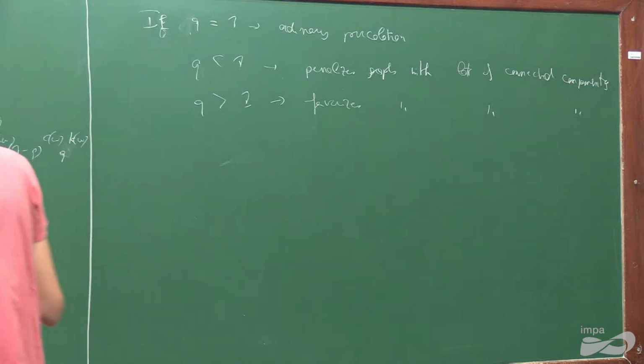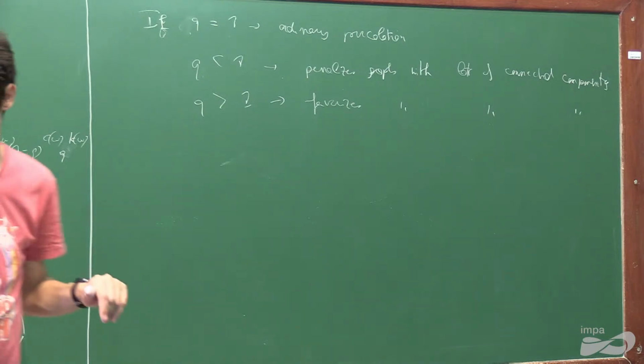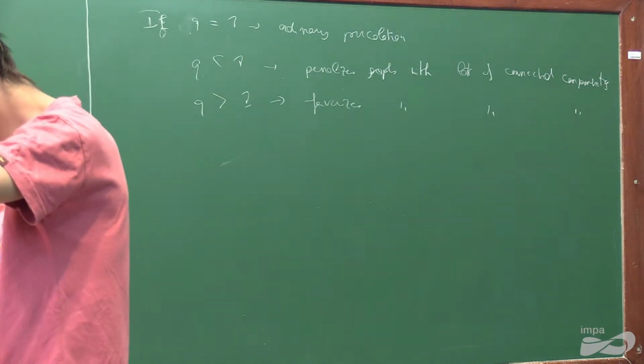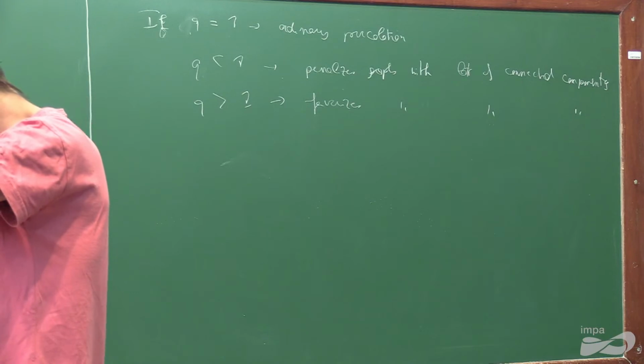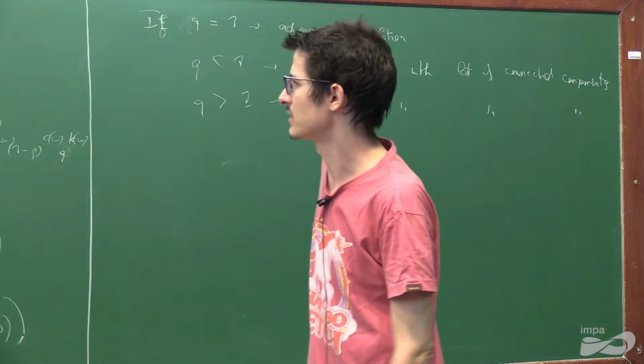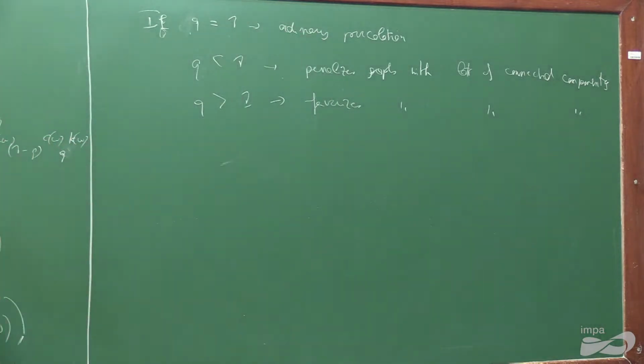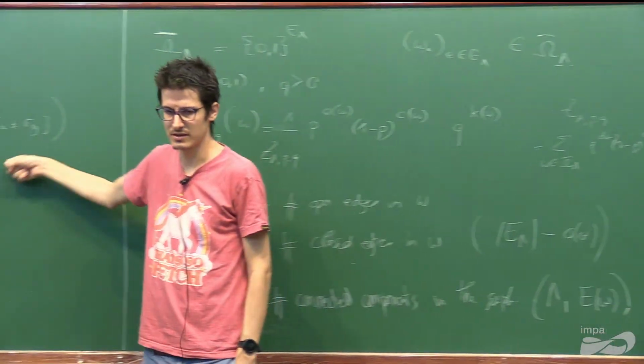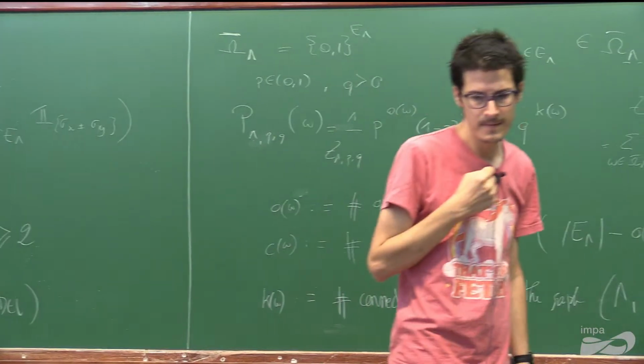So why are we introducing this model? What's the connection with the Potts model? The thing is that if you sample a configuration according to this measure, you can get the Potts model by doing something very simple afterwards.